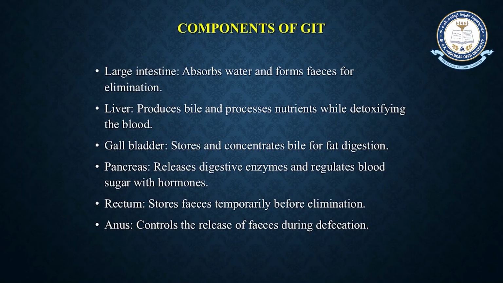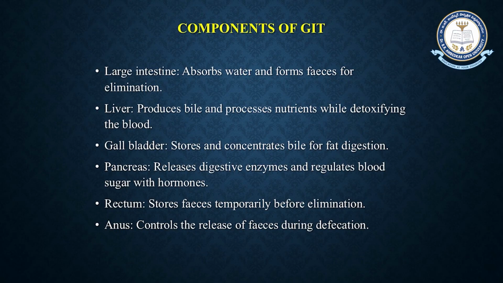Then the food from the small intestine moves into the large intestine. The large intestine is mainly responsible for absorbing the water, and it makes the leftover substance into a solid feces form, which can later be excreted from your body in the form of waste. The liver is an associated organ in the digestive tract which produces bile and processes nutrients, and it also detoxifies.